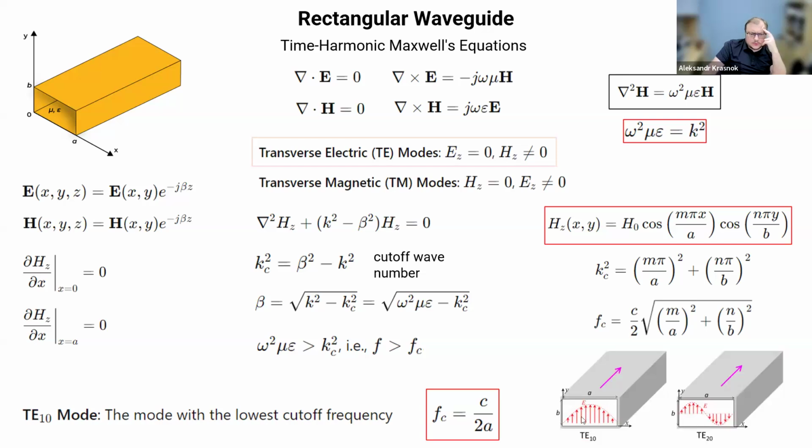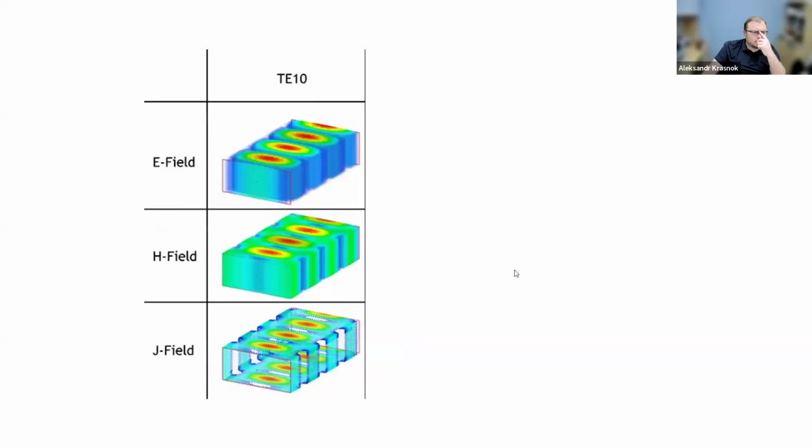Yeah, and this is how it looks for TE10. So you see one change of electric field along the... oh, it's an electric field, so it's not very representative. What is more representative is this picture here. For the TE10 mode, this is the electric field distribution and this is the magnetic field distribution.